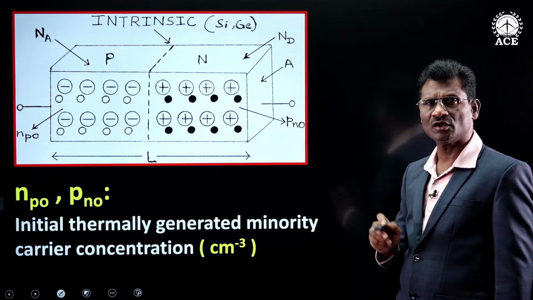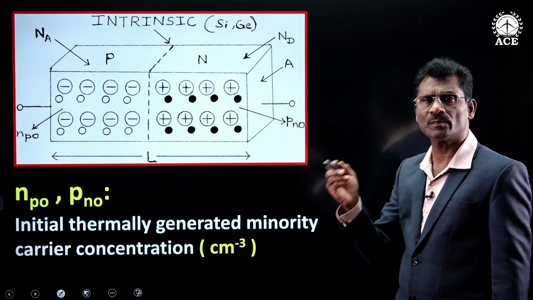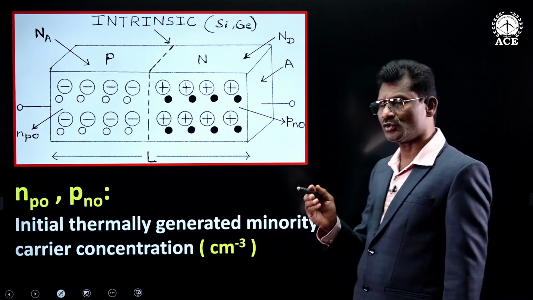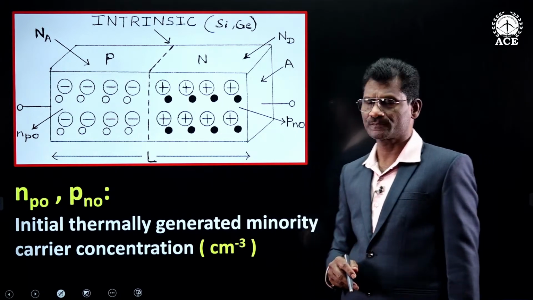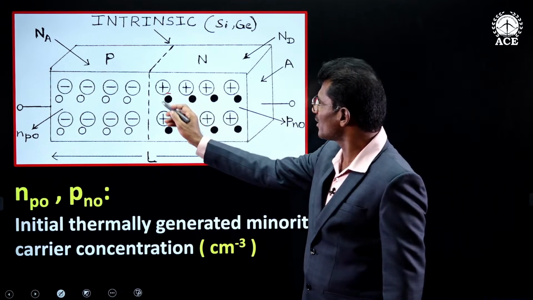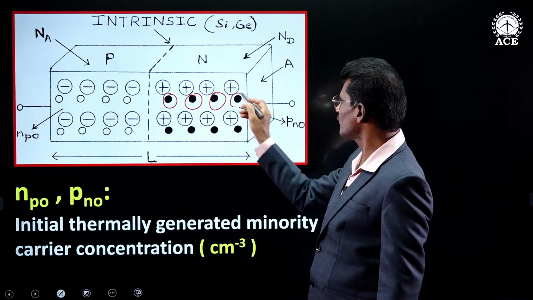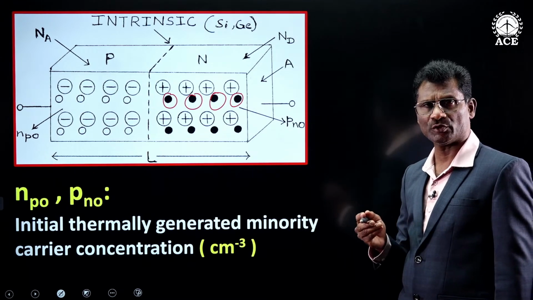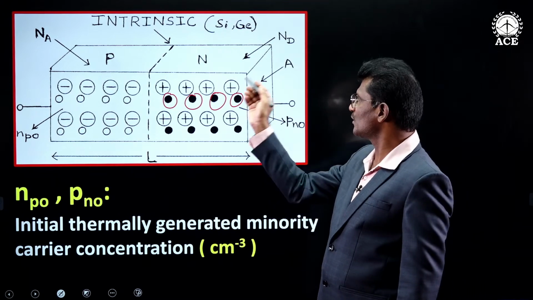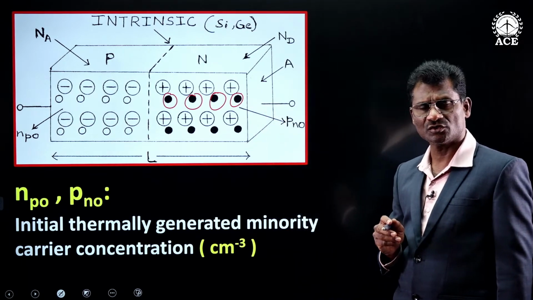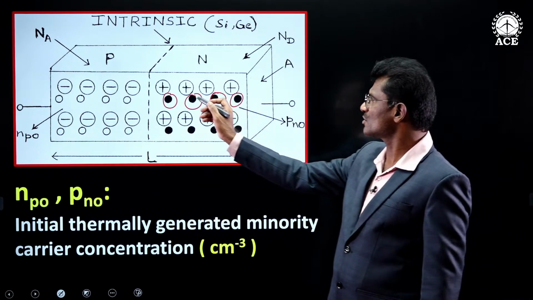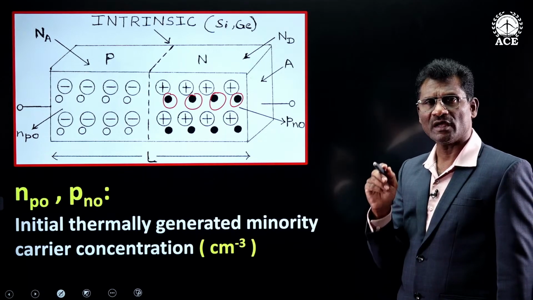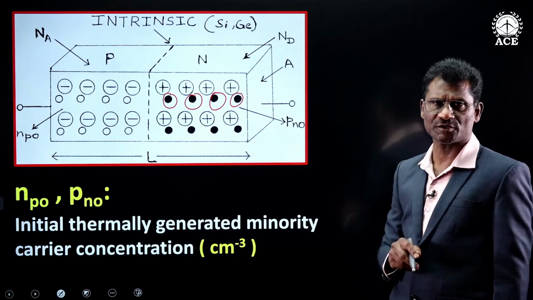Assume in this N side, due to room temperature, electron hole pair generation has occurred. It gives electrons and also holes. In this N side, already we are having electrons, which are given by the donor atoms or impurities. So in this N side, we get electrons due to two reasons. One is electrons given by donor atoms, and the other is electrons given by electron hole pair generation.